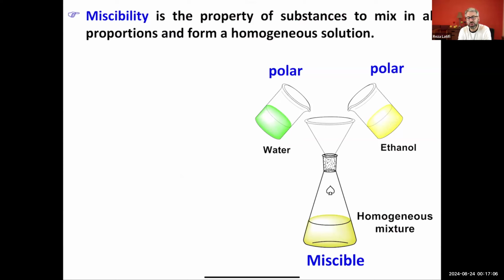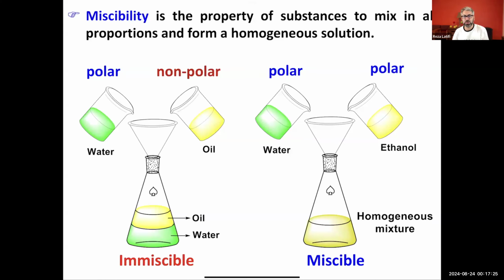If you want a homogeneous mixture, you need to check the polarity or non-polarity of the solvent or the liquid that you are dealing with. You should mix polar with polar, non-polar with non-polar. Otherwise, if you mix a polar with a non-polar, you will get a non-miscible mixture, so technically a heterogeneous mixture.